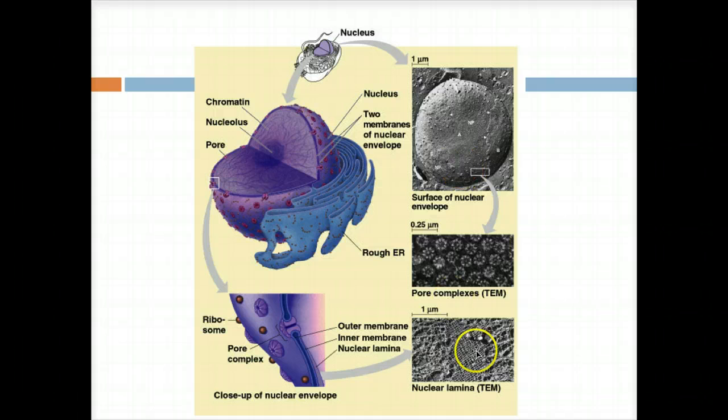And you can actually see the 3D structure much better, right? And so again, you don't have access to these microscopes, but it allows you to see the external structures. And so here's the actual surface of that nuclear envelope. Here are some close-ups of the pores that let the genetic material leave the nucleus. And then this is the nuclear lamina, which is kind of analogous to the cytoplasm of the rest of the cell.